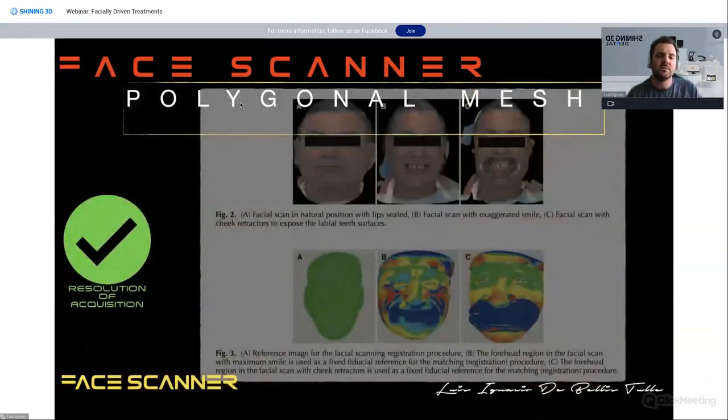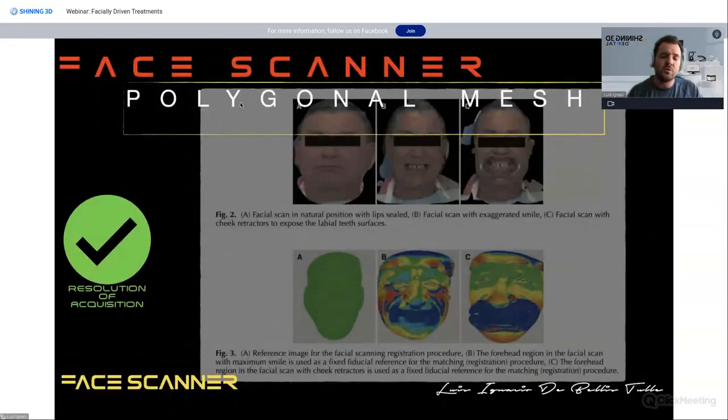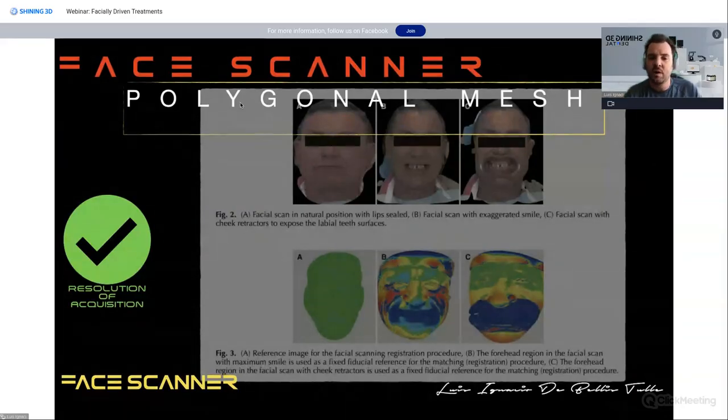And why is this so important? Because when we scan, we are not going to make just one scan, we are going to make several scans. For example, one scan with our patient with his mouth closed, then with our patient smiling, and then with the lips retracted.